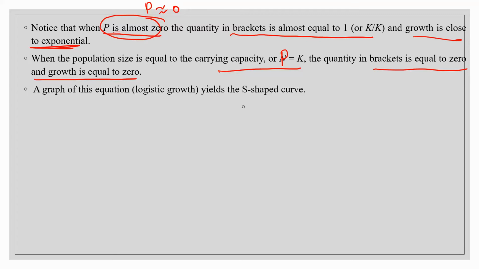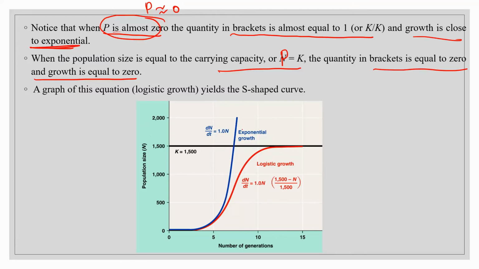If you solve the logistic equation and draw the graph, you will get this. This one is a graph of exponential growth, which you can see is J-shaped, and this is the logistic growth curve, which is an S-shaped curve. Here the small k value is taken as 1, and the carrying capacity, capital K, is taken to be 1500.